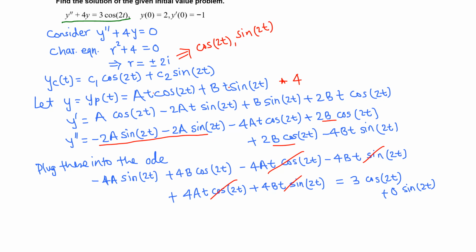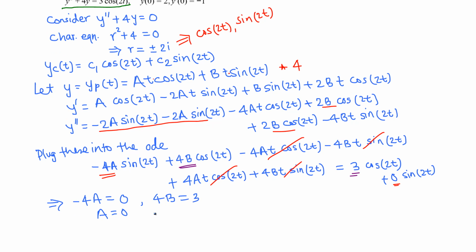Equating the coefficients, 4B is equal to 3, and negative 4A is equal to 0. Divide by negative 4: A is 0 and B is 3/4.